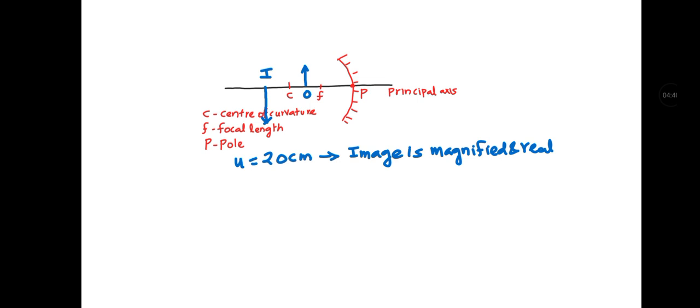So when u equal to 20 centimeter, the object is placed at 20 centimeter. That means the object is in between center of curvature and the focal length F. Then the image produced by the concave mirror is magnified and real.